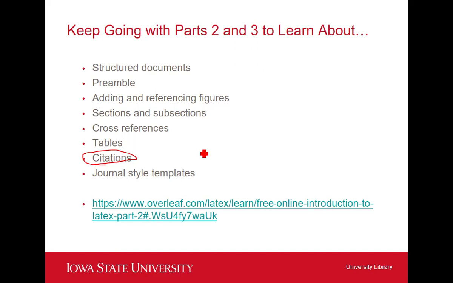Then you'll load the package that has your citation style. So if you want to switch citation style, you just comment that line out, put in a new line, boom, it updates everything for you. Okay? It does take a little bit of work to set it up that way, but when it works, it's pretty slick. Journal style templates. If you submit a paper to a journal and they say no thanks, and you want to submit it to a different journal, you change one line of code, it formats it completely differently. Again, because we focused on the content and not on the formatting.